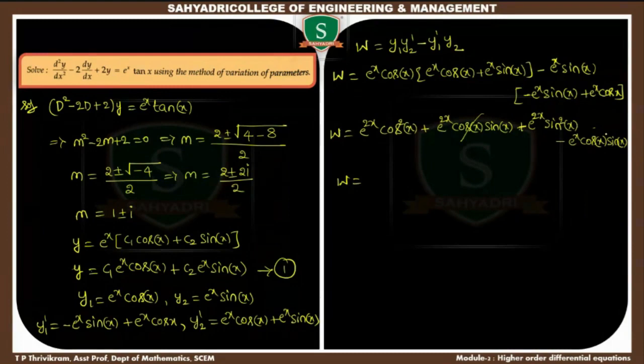So these two terms get cancelled. So e power 2x if you take common, cos square x plus sin square x, so it is 1. Implies W equal to e power 2x.